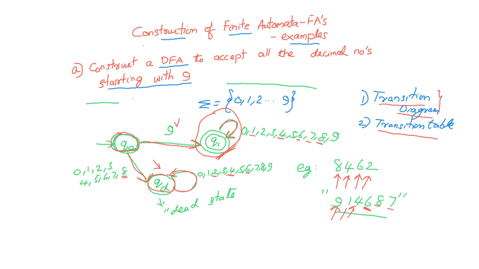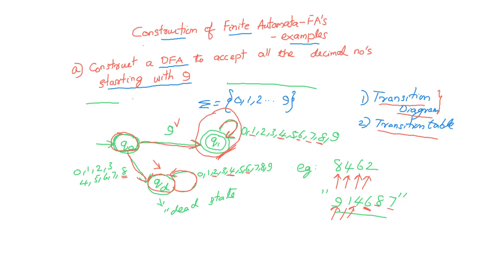But in some of the DFAs, you don't need a dead state. We'll encounter such examples later. Also remember that we have only one final state in this example, but in some cases you can have multiple final states. But remember that you will always have only one starting state.